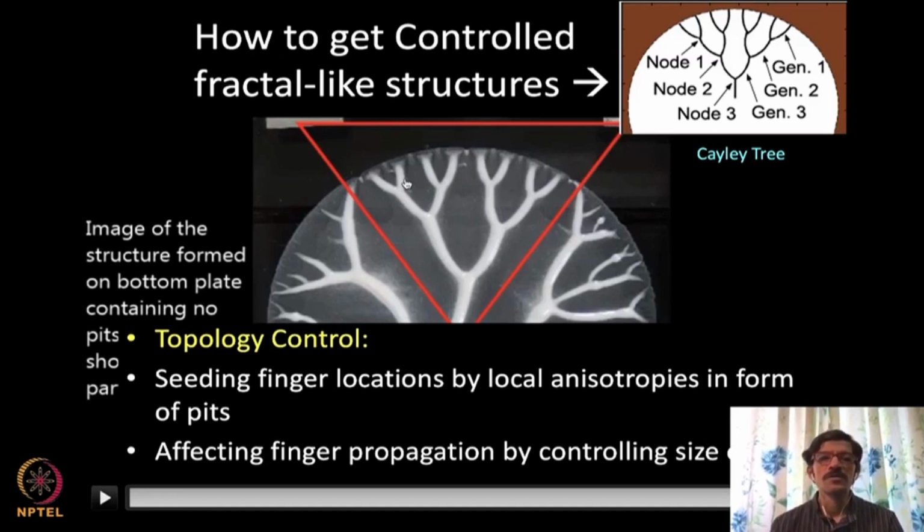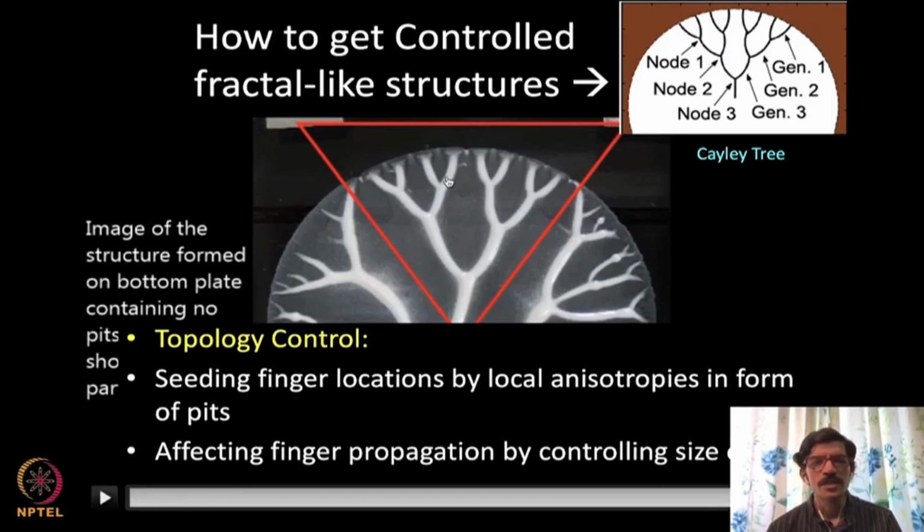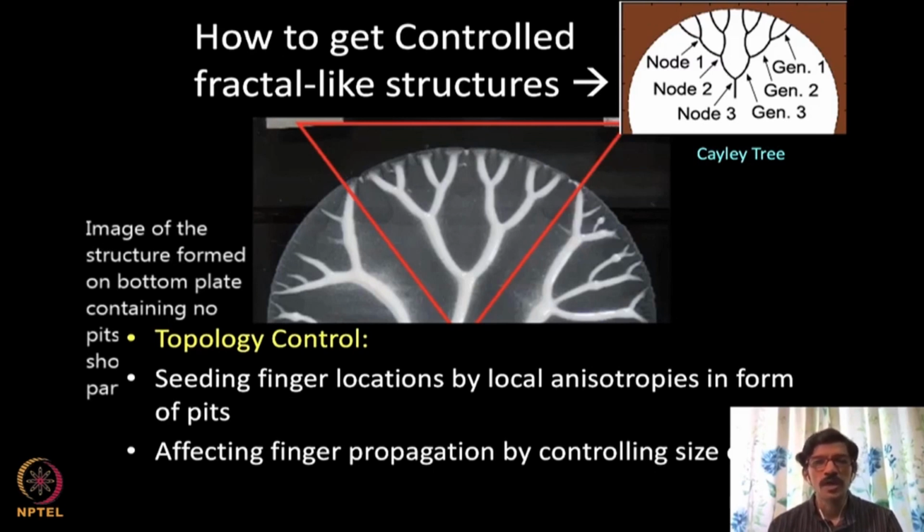additional control. The control that we had so far was only the speed of the plate motion. Now we have these additional controls coming up by virtue of anisotropies on the cell plates, in the form of pits or holes. So these plates are no more planar plates; they have some holes, and now we are using acrylic plates so that we are able to see through the plate to see what is happening to the fluid, and also we can machine the acrylic very easily.